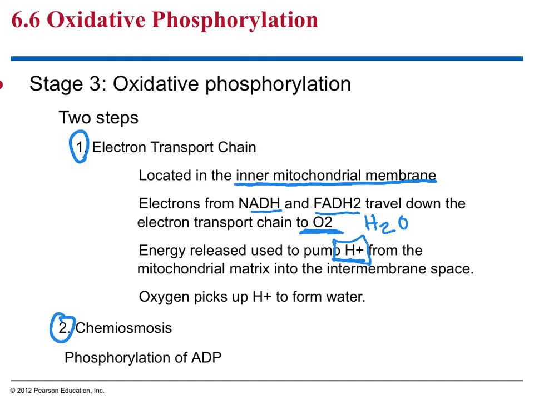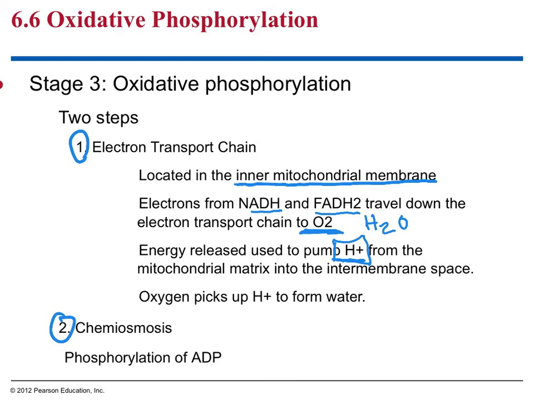And you know what happens with concentration gradients. Molecules want to move from an area of high concentration to an area of low concentration. So we'll get to this in a second. I'm kind of getting ahead of myself. But ultimately, what's going to happen, as I said before, is oxygen is going to pick up hydrogen and create water. And then the last part is what we call chemiosmosis.